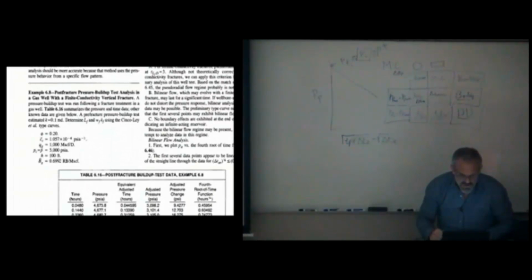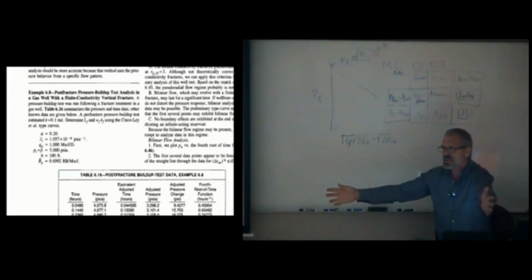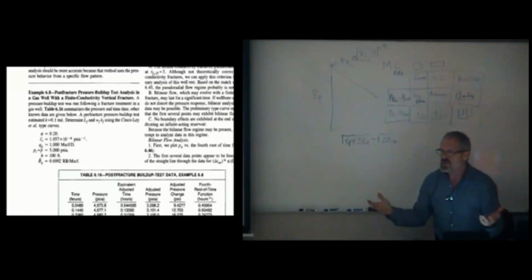A pressure buildup test was run following a fracture treatment. Okay, yeah. Well, I'm going to first look for linear flow. If someone gives me something, we just drilled this well and we perforated the casing and we ran a buildup, I would probably look for radial flow first. So I usually look for one versus the other first, but I can eventually get to the right answer by trying everything.